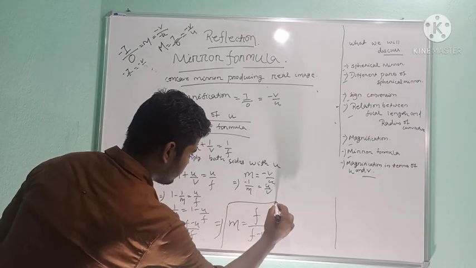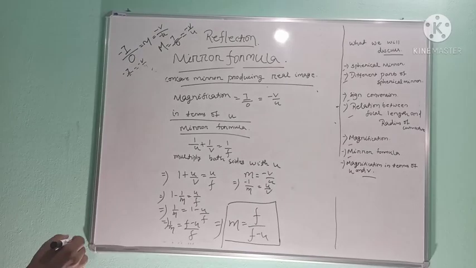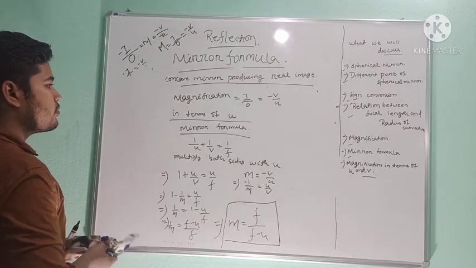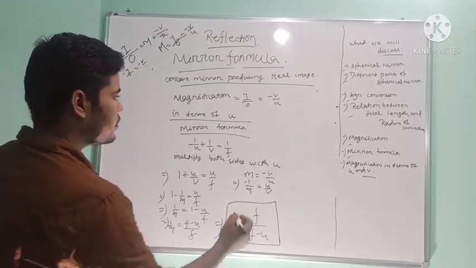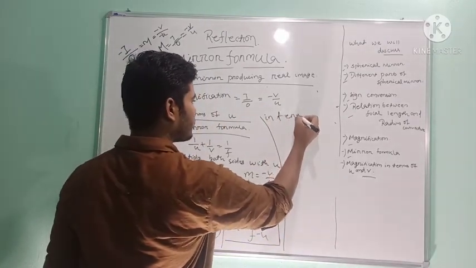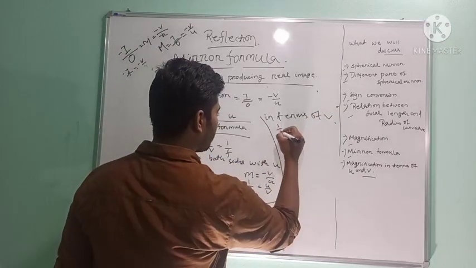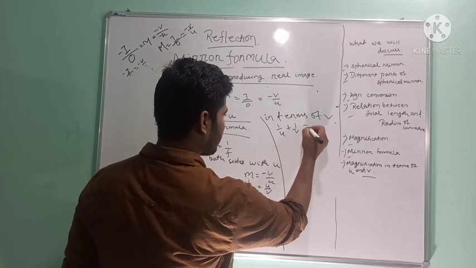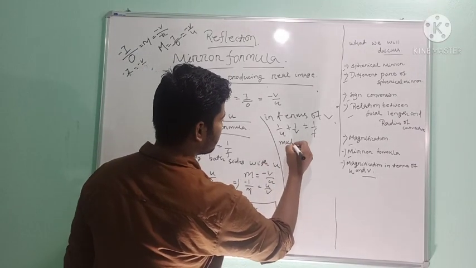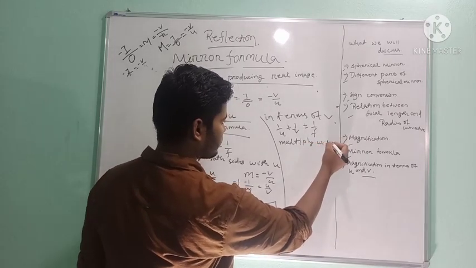Magnification is equal to focal length divided by focal length minus object distance. Next we will derive in terms of v. Again the mirror formula, 1/u + 1/v = 1/f. Next we have to multiply with v.